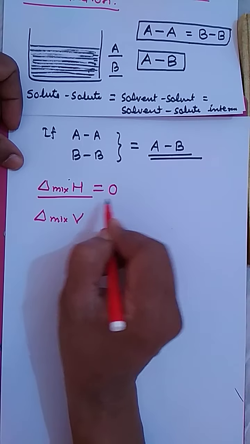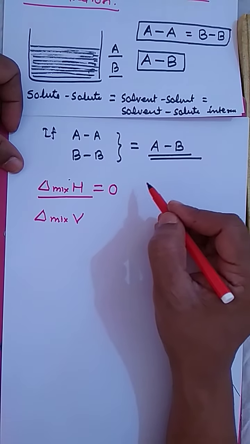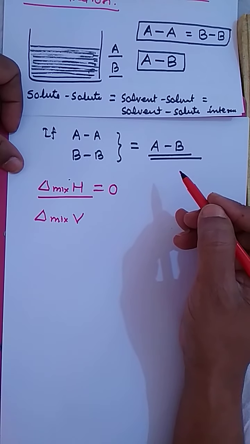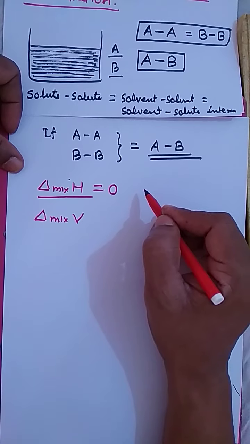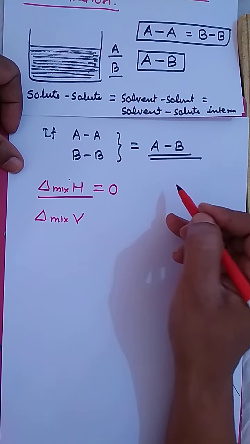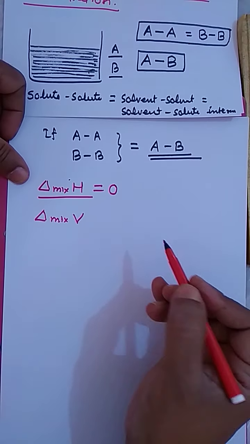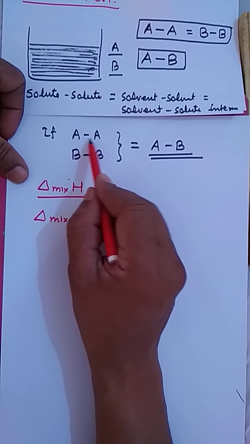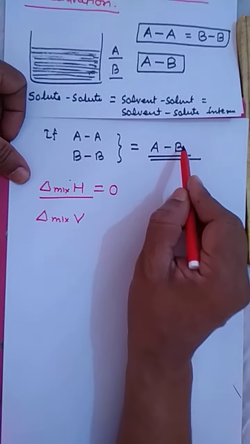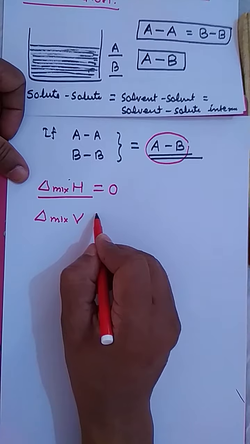No enthalpy is changed in that case because there is no breaking of bond, no beginning of bond, there is no strengthening of bond. And if bond strength is same, interaction is same, then there is no change in volume also.